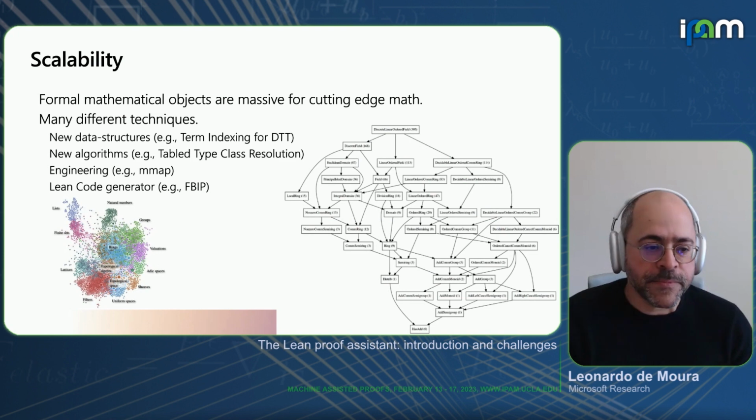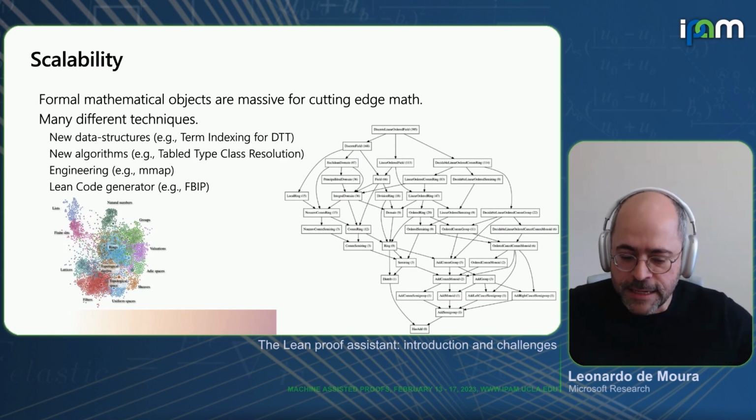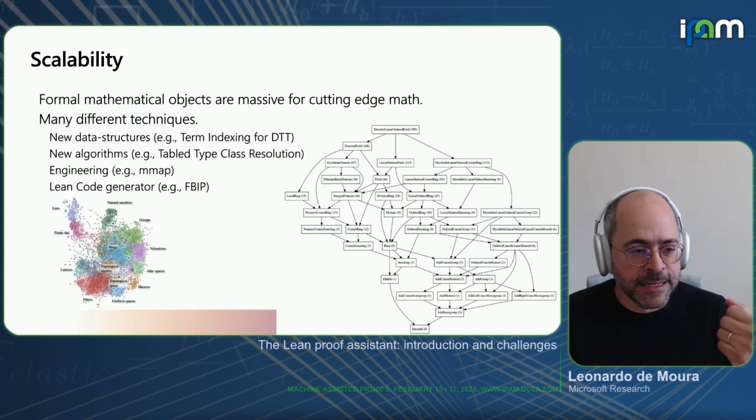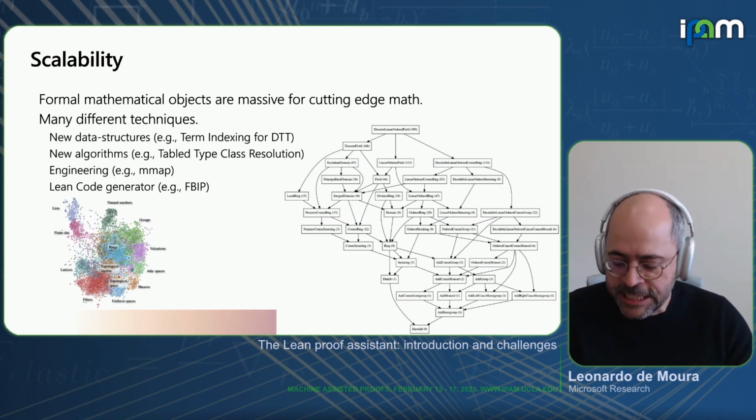It compiles. This is too long. If it keeps growing, it's going to be infeasible. So scalability is a big deal. There's a lot of engineering, but also designing new data structures, new algorithms, improving what we have. This is a big problem right now.